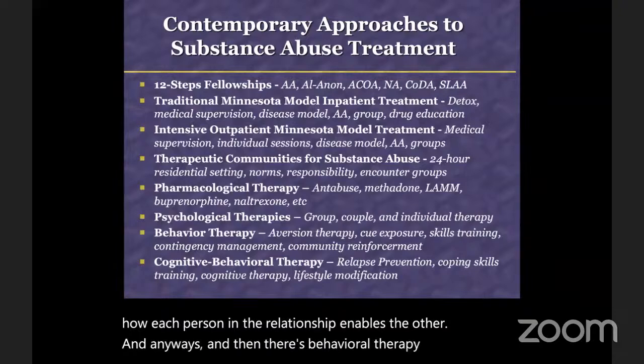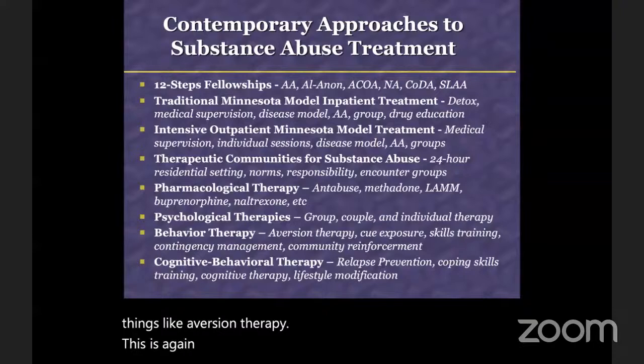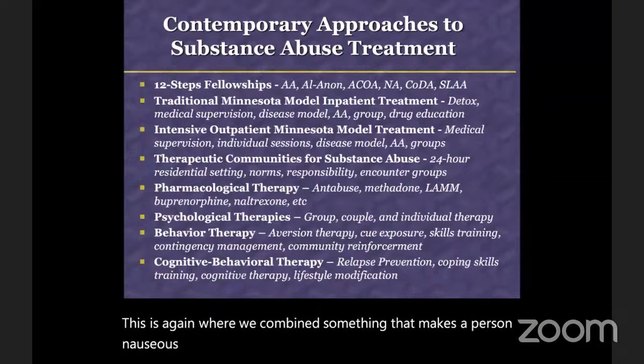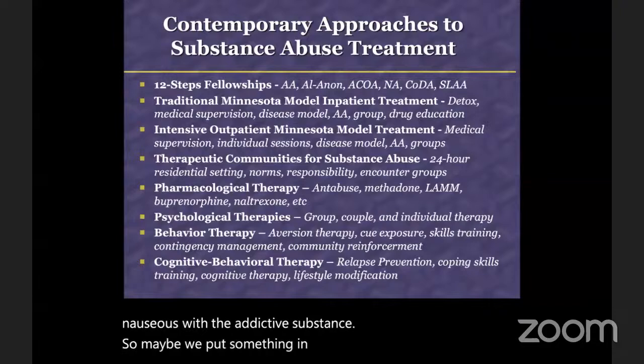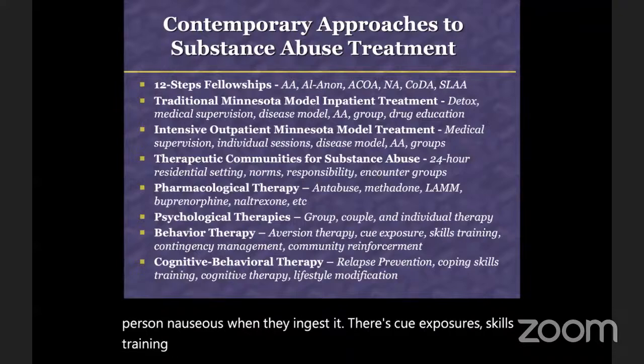So we have things like aversion therapy. This is, again, where we combine something that makes a person nauseous with the addictive substance. So maybe we put something in the alcoholic drink that makes a person nauseous when they ingest it. There's cue exposures, skills training, and again, contingency management.